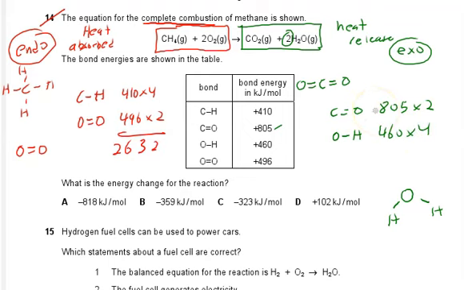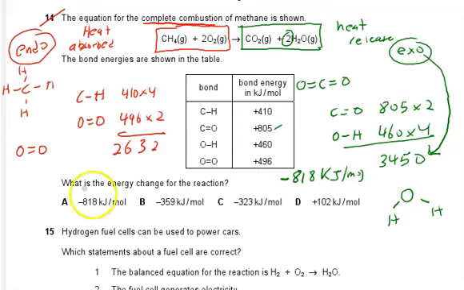So all together it comes about 3450. Since the exothermic is higher, your answer here will be in negative form. So 3450 minus 2632. So your answer here will be negative 818 kilojoule per mole. So your answer here will be the A. That is for number 14.